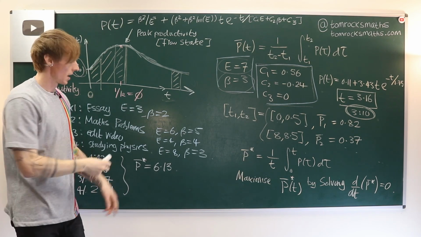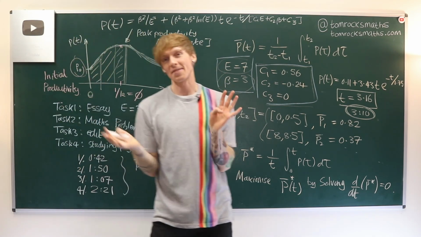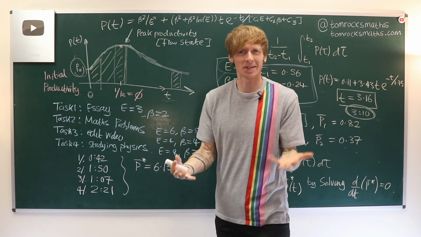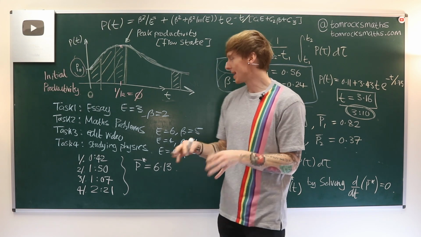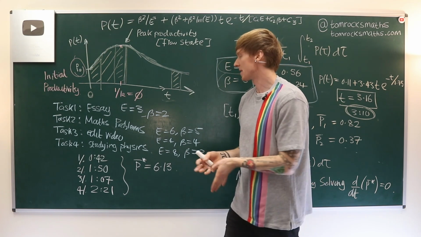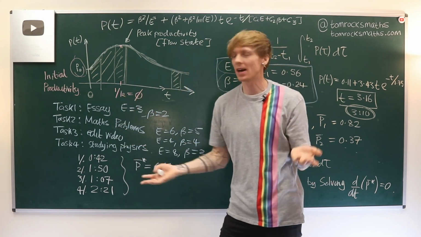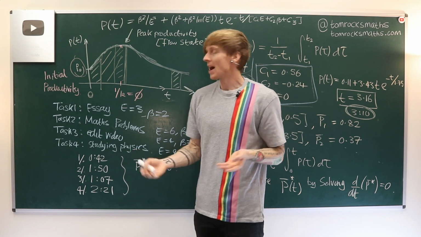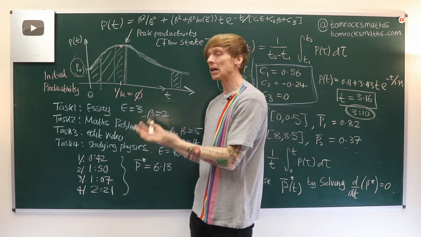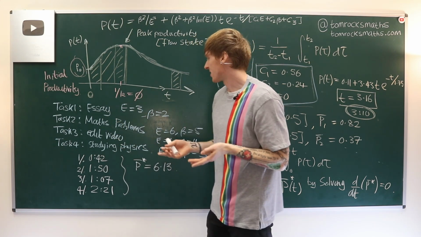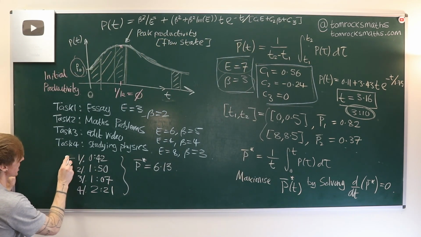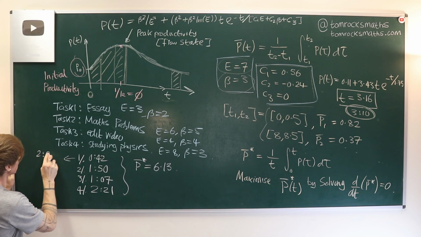Now, let's suppose I didn't have access to this beautiful model for productivity and the maths of productivity that we've just been discussing. Let's suppose instead I had just chosen some arbitrary values that to me felt like a reasonable amount of time to spend on these tasks. And given in particular I'm doing task 1 first, I'm going to start with the essay. Let's suppose instead I had spent 2.5 hours on the essay, so 2 hours and 30.